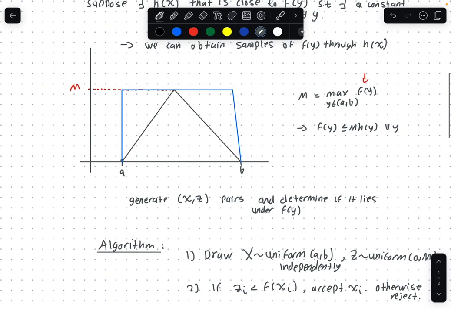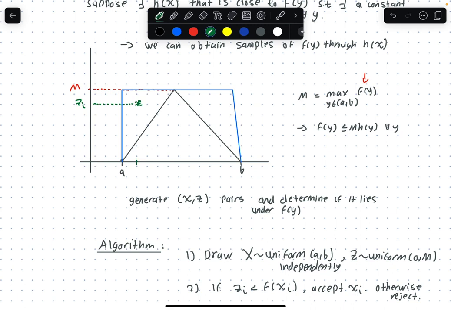Now, if we actually look at the graph and investigate the intuition behind this, let's say that your pair is a point that lies right over here. This clearly doesn't lie under our f of y, which is this triangle. Now, if this is our point, then this would be our z sub i, right? It's generated uniformly from 0 to m.